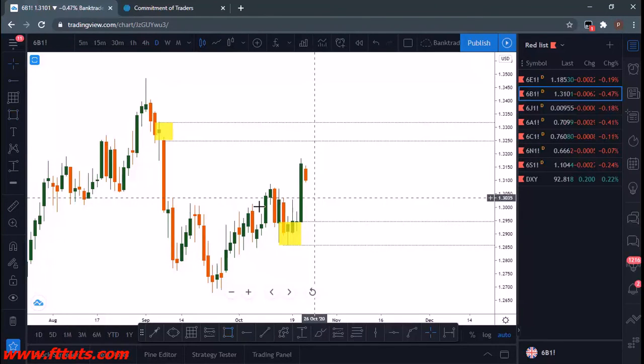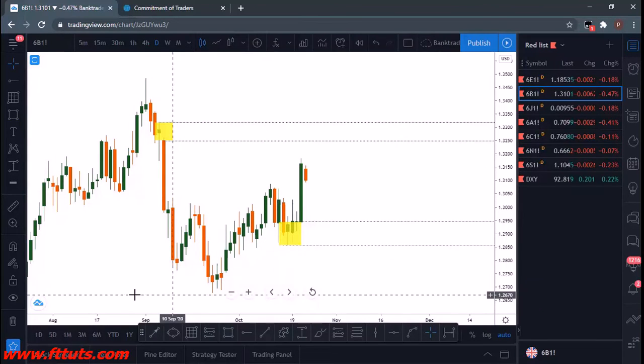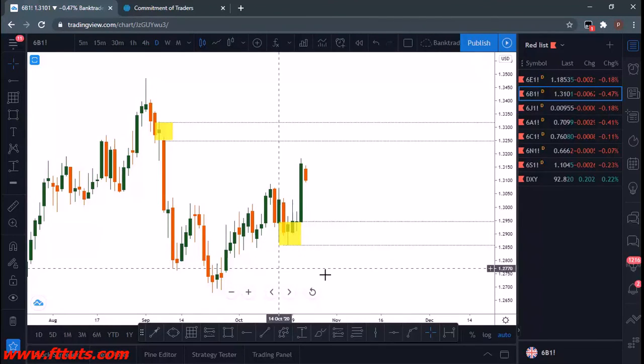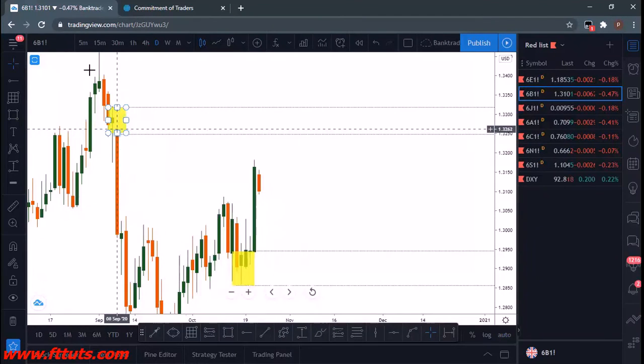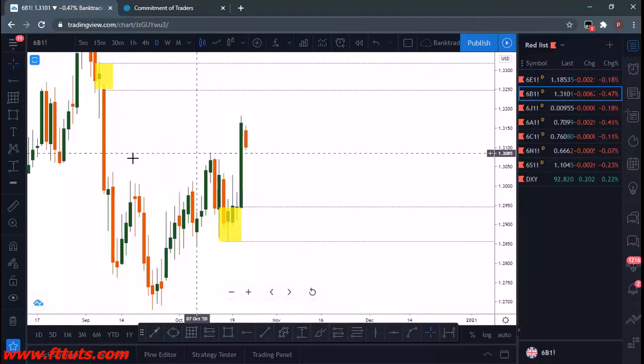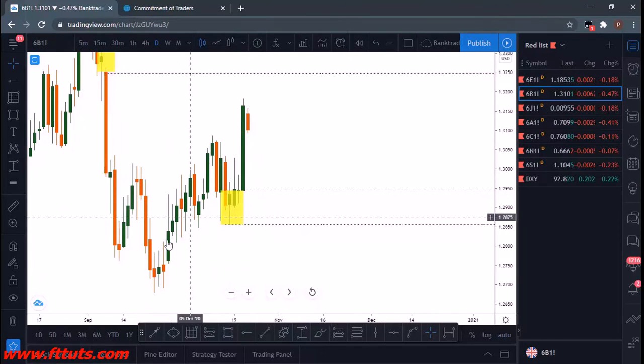We need to know who is in control. It's unlike what is going on on euro. We know that supply is in control, but here we don't know who is in control. So we're definitely going to look for another area here to see who is in control. This supply is not in control, of course, but this demand here is definitely in control.